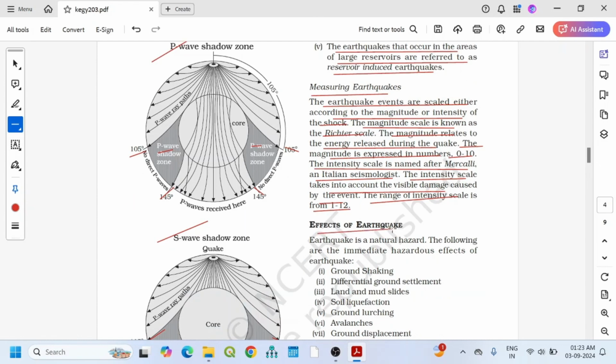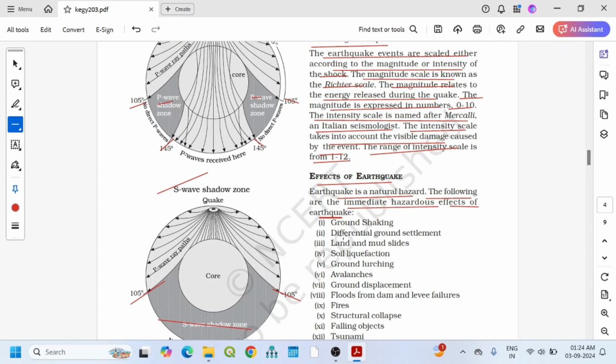Effects of earthquake. Earthquake is a natural hazard. The following are the immediate hazardous effects of earthquakes.